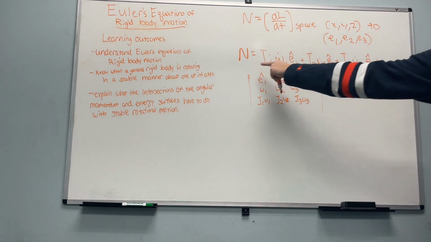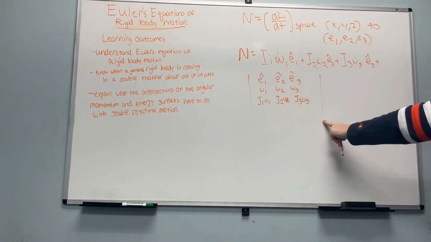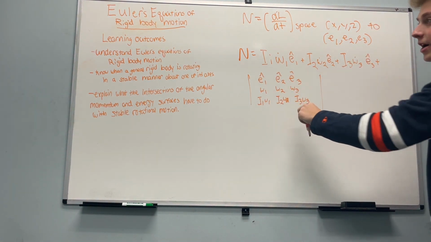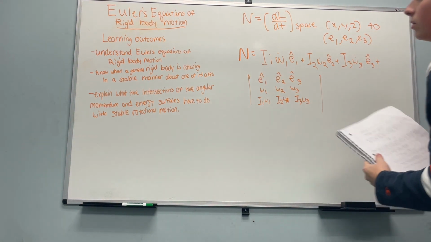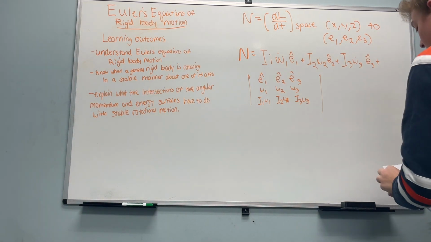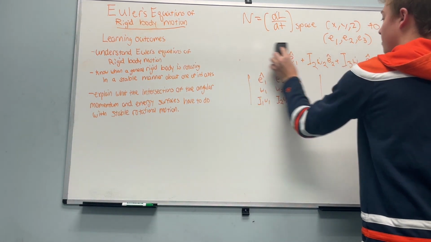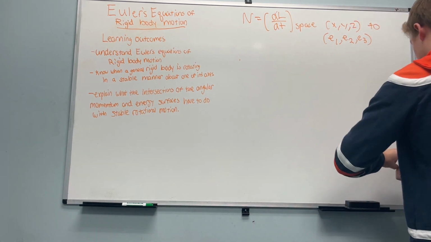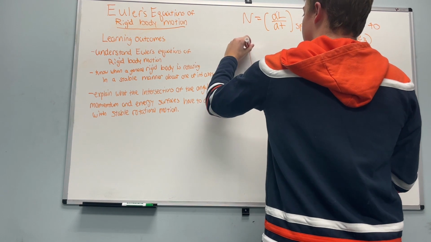So this is what the entire equation would look like. And then we can find the components of this equation to find our equations of motion for rigid body motion. And from that, the components of this in the fixed body axis will look like this.